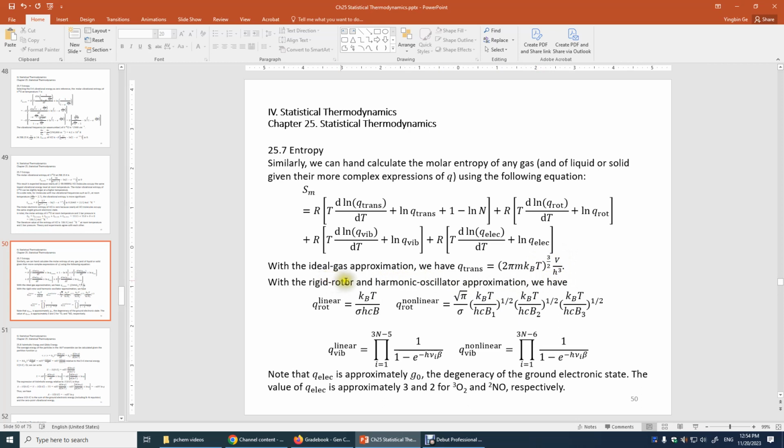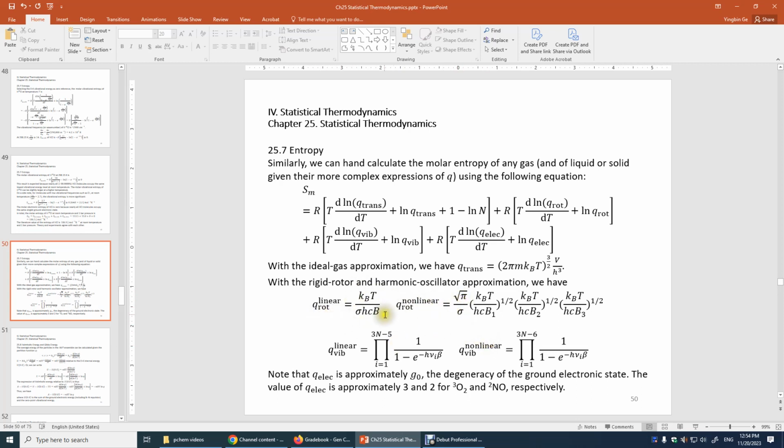With the rigid rotor, that means the radius is constant. Rigid rotor approximation, harmonic oscillator approximation, that means the vibrational energy levels are n plus 1/2 times h nu, and that means the zero-point vibrational energy is 1/2 h nu. We can get the partition functions for rotation and for vibration.